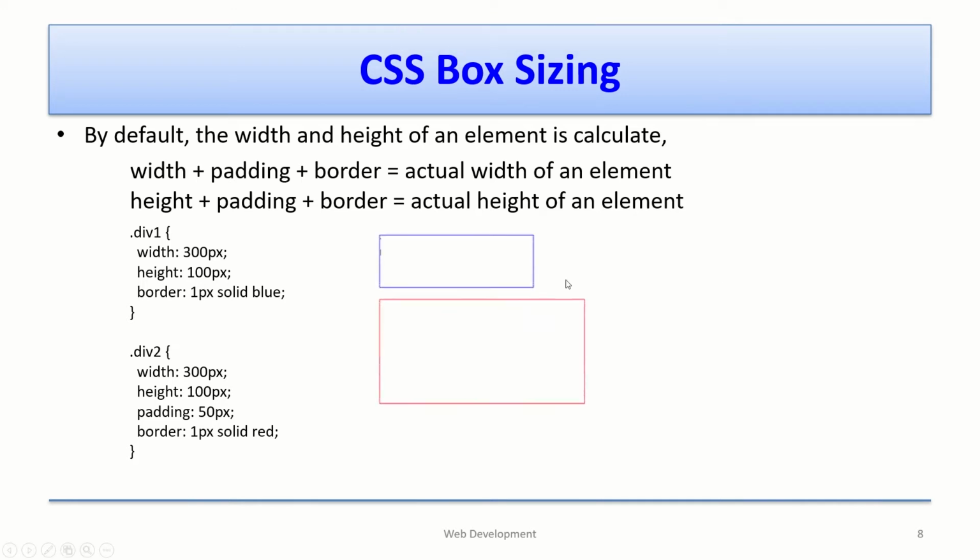So this is something like this, right? So this is division 1, right? So you can see here width is 300, and then height is 100, and the border is 1 pixel width, solid blue in color. So in here, in addition to division 1, I put padding. All right, padding is also included in the actual height and width.